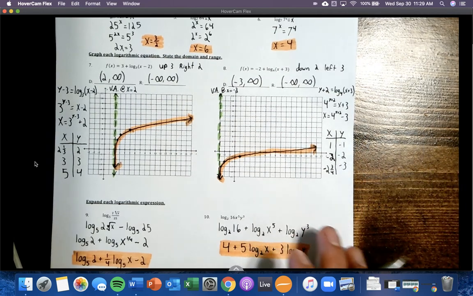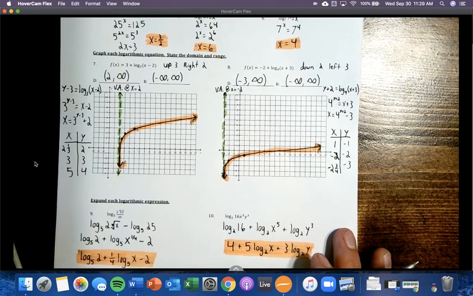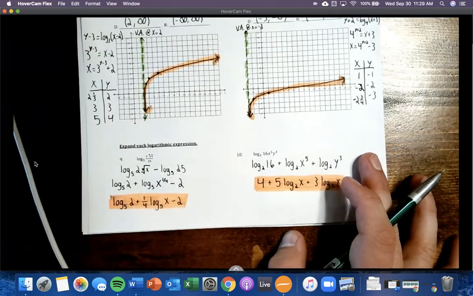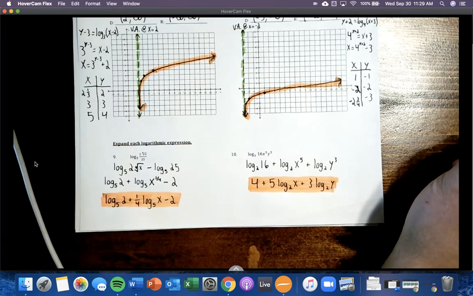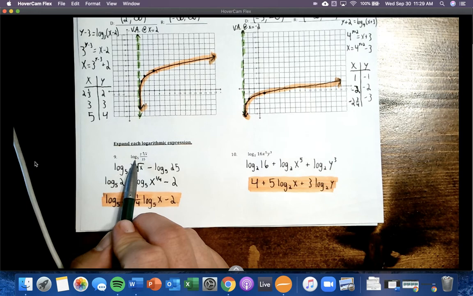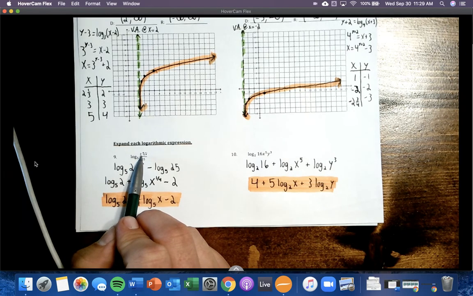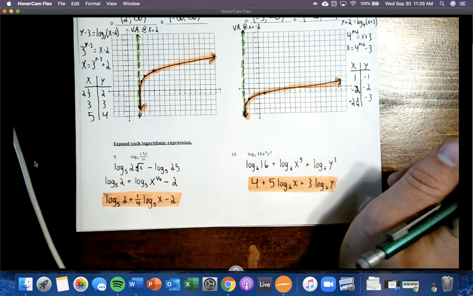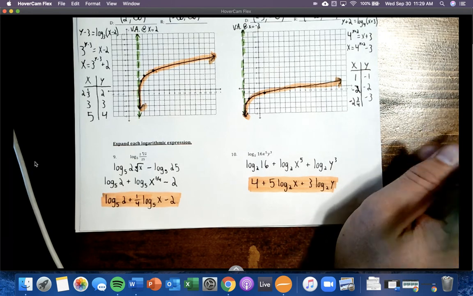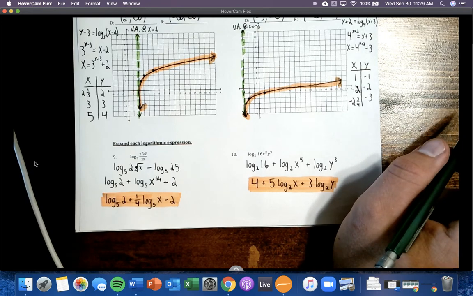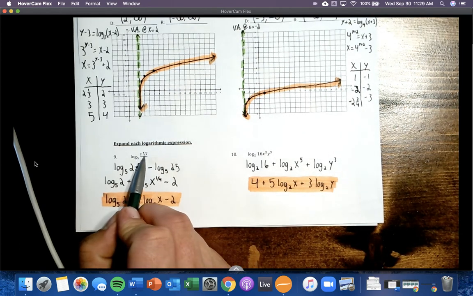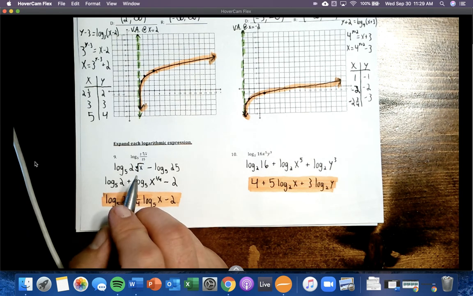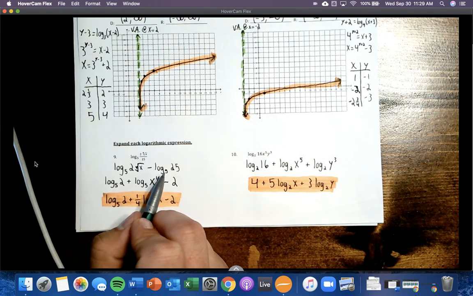Let's keep going. So let's expand some logarithms. Here we're starting with log base 5 of 2 times the 4th root of x, all over 25. What we can do here is see this fraction line, this division problem, and we know we can split that up into 2 logs that are being subtracted.